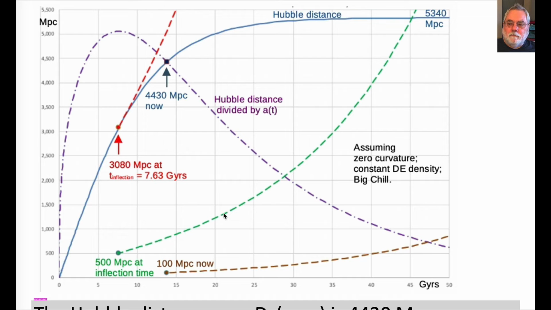The green curve is 500 megaparsecs from us at the inflection time. 500 is less than 3080. And it will cross the Hubble distance around 46 billion years after the Big Bang.